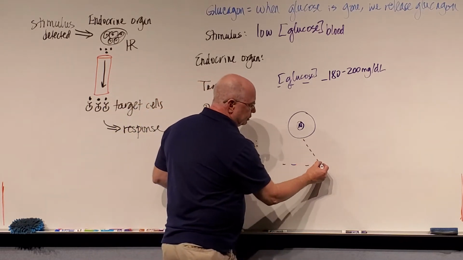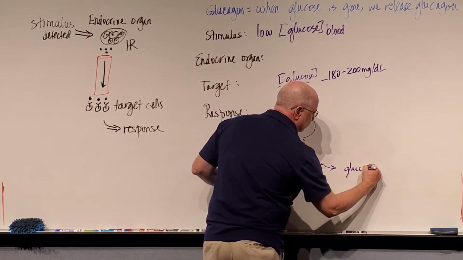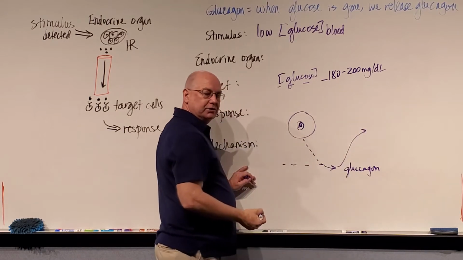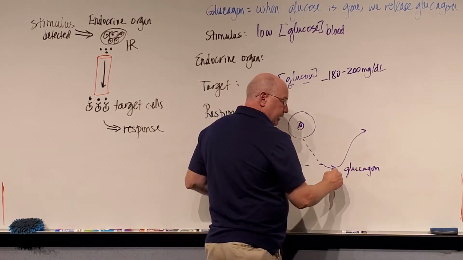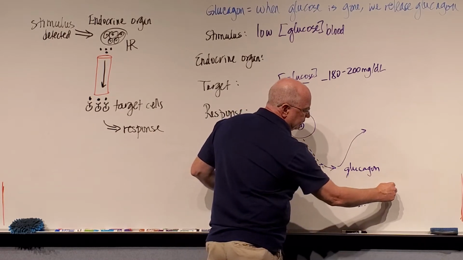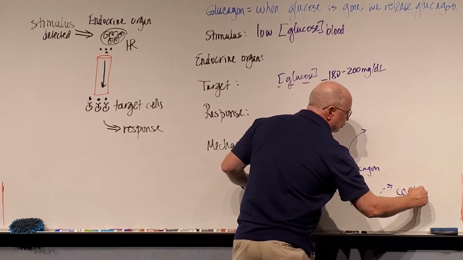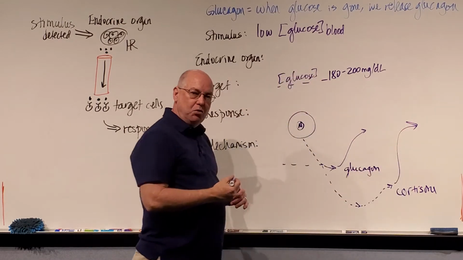If our cell starts to drift too low, glucagon is released, and that will raise our blood sugar level back to normal. If glucagon release is failing, if our blood sugar is so low that glucagon is raising it, but we're not back to homeostatic levels, then cortisone can kick in and raise it even more.